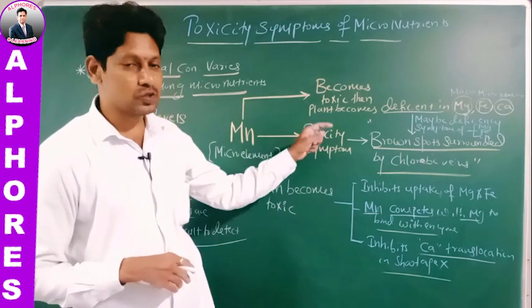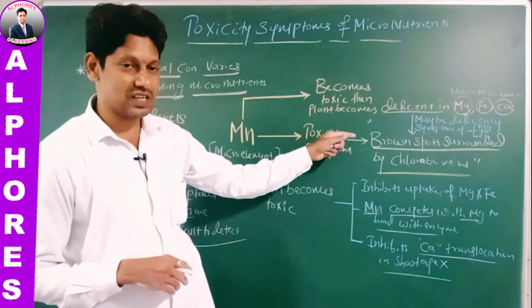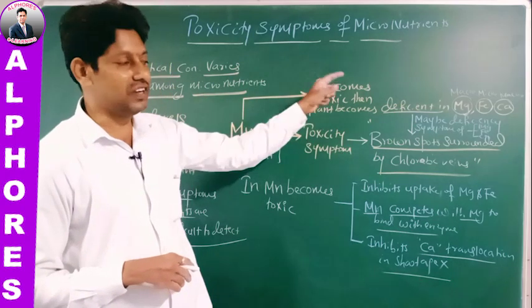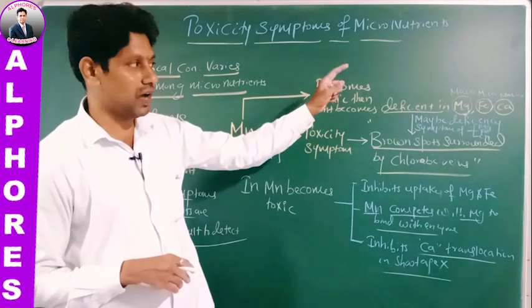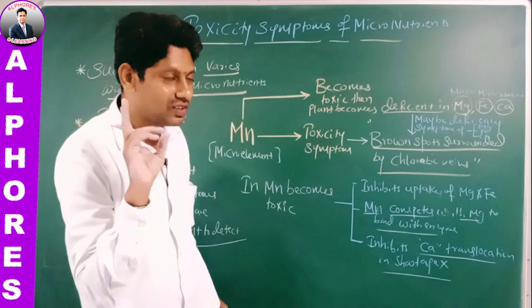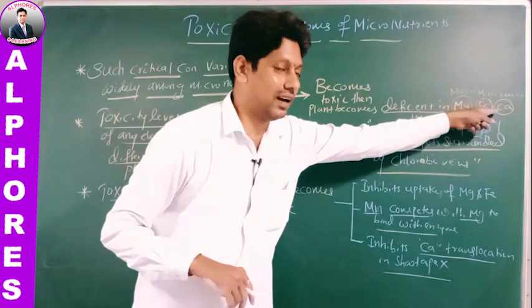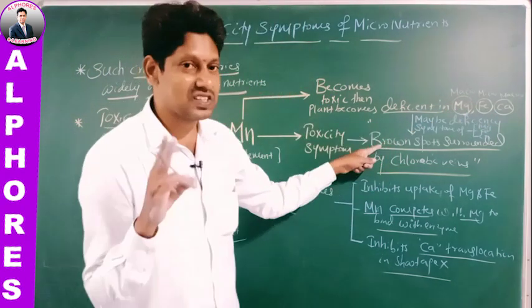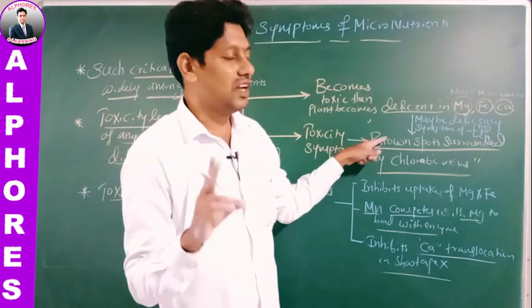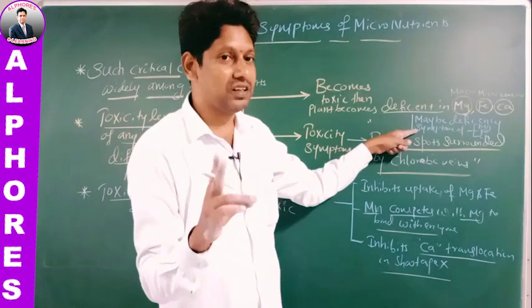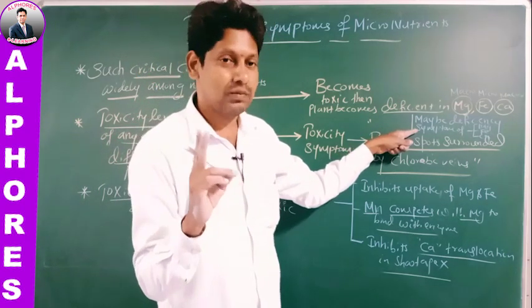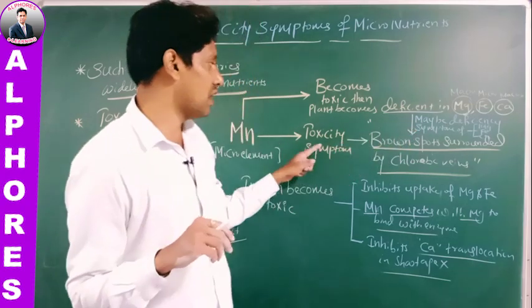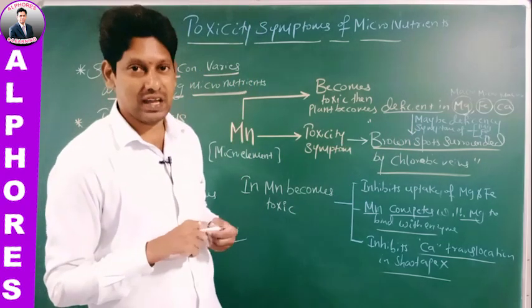So brown spots surrounded by chlorotic veins may even be a deficiency symptom of magnesium, iron and calcium. It is not a toxicity symptom of magnesium, iron and calcium. It is a deficiency symptom of magnesium, iron and calcium, or a toxicity symptom of manganese. Okay, right? Thank you.